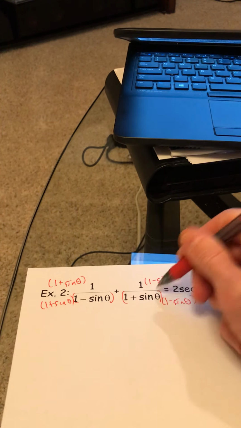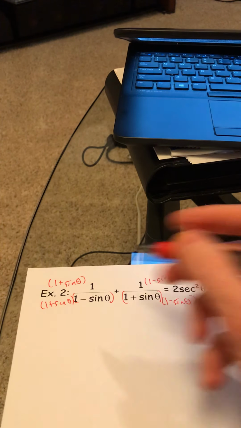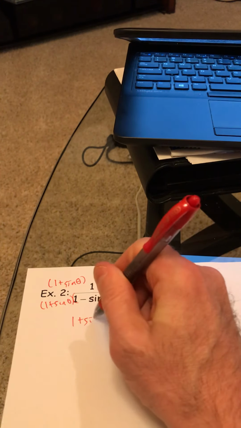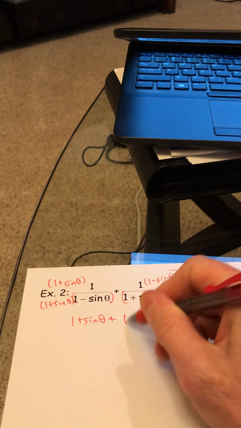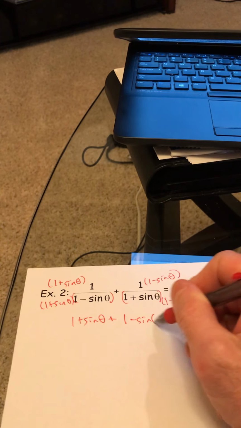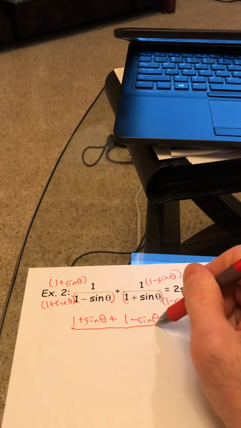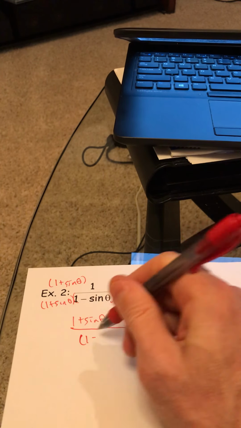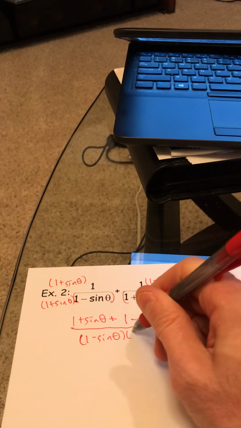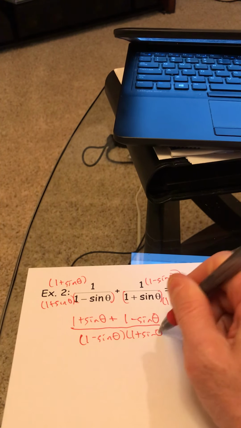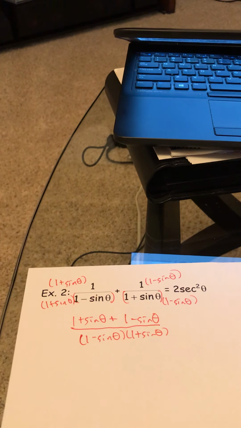And from there, what that's going to end up giving us is 1 plus sine theta plus 1 minus sine theta all over 1 minus sine of theta times 1 plus sine of theta.